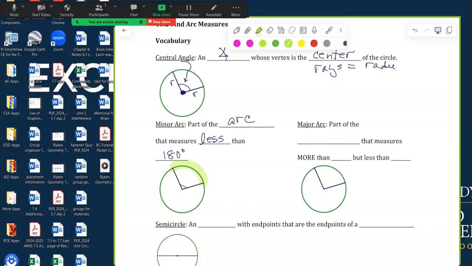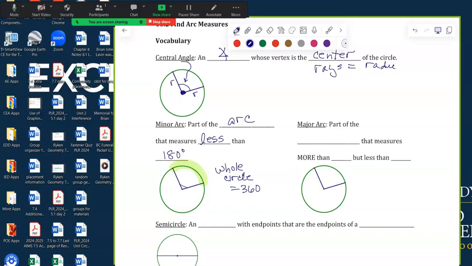That arc is less than 180 because a whole circle equals 360, right, all the way around, and this is not half, it's probably more like a quarter.